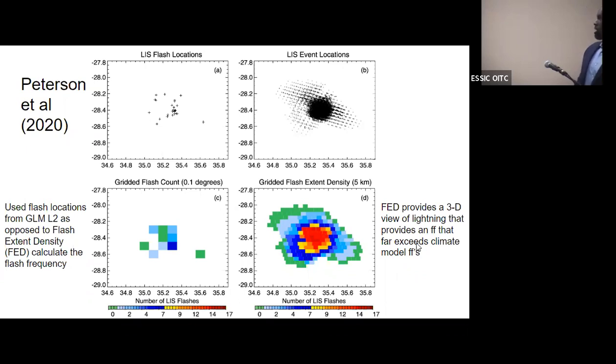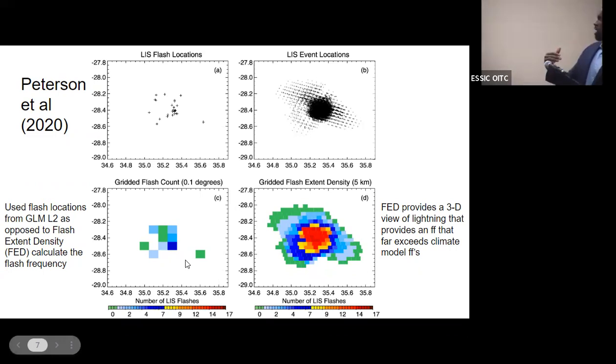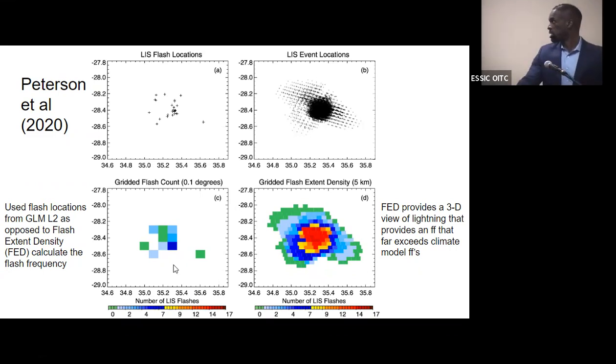So the level 2 flashes gave us a more comparable flash frequency. And as you can see, if you grid these locations, the values are far fewer than using the flash extent density.